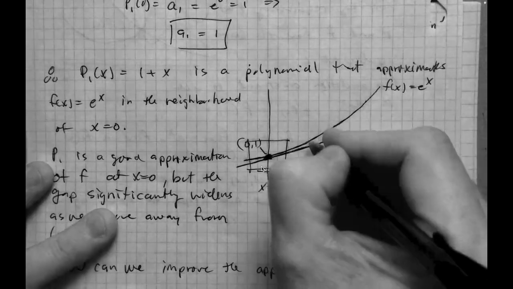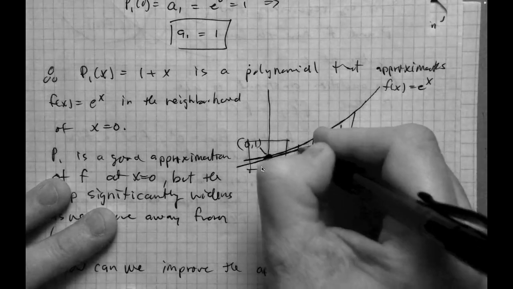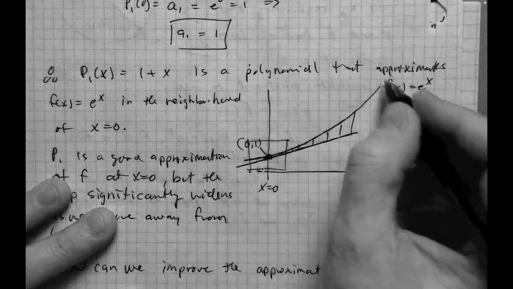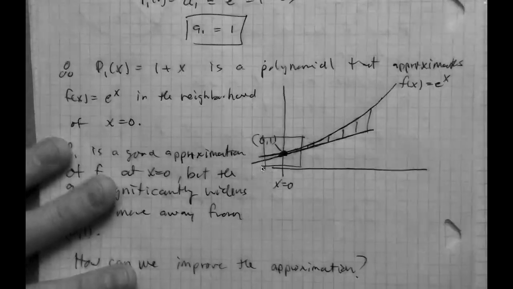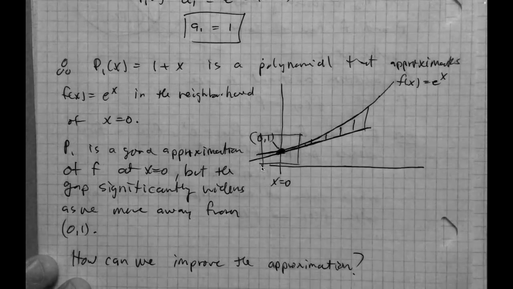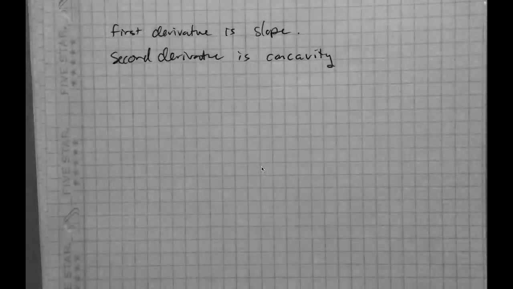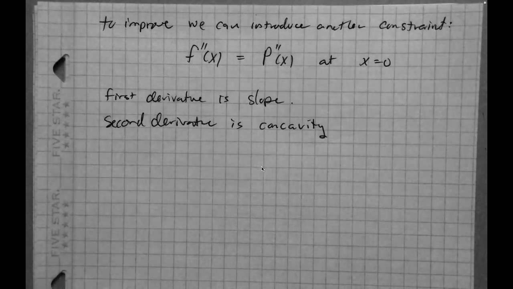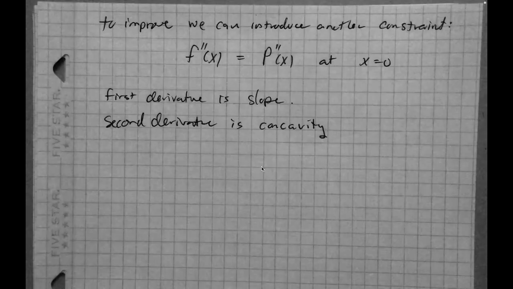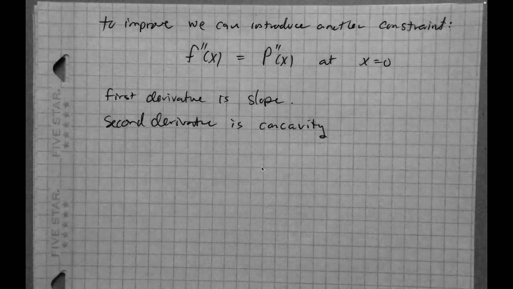And so the gap that begins to form here is due to one of the functions, f, namely, having concavity, having some curvature, whereas the other one has no curvature. It's a straight line. And so when we introduce the idea of the second derivatives being in alignment at the center value, then you're saying I want the curvature of P to be in the same direction as the curvature of f. And so that will obviously make our approximation better.